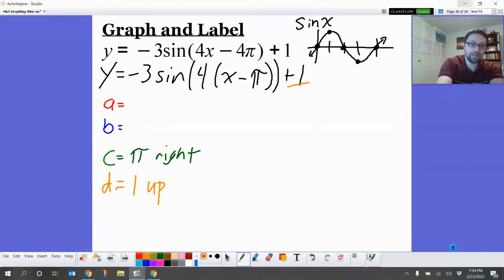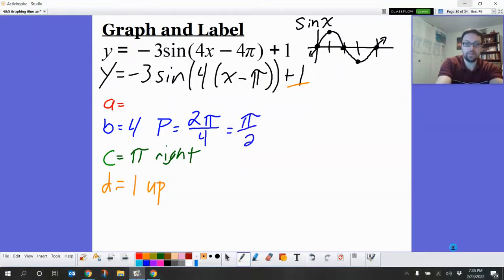Our period, our B is 4, making our period 2 pi over our B value, which is pi over 2. Then our amplitude is -3.